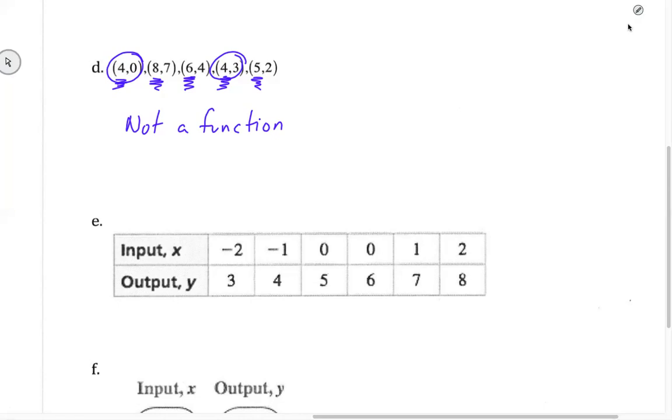Is that my input or output? Output. All right, so the output. So you're telling me that the output is what matters in a function, correct? No, it's the input. So which numbers do I need to be paying attention to? -2, -1, 0. It's not a function because the zeros repeat.